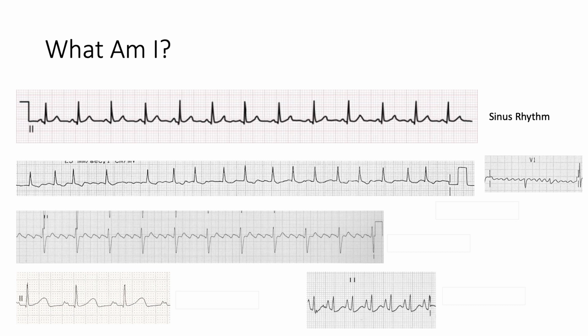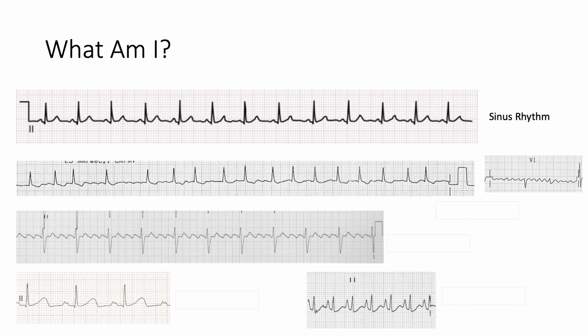Looking at the second one here, it's definitely not regular, and it could be quite rapid in some places. There's only 2 squares in here, which makes it 150, and over in here there's about 5, which makes it down at 60, I think.